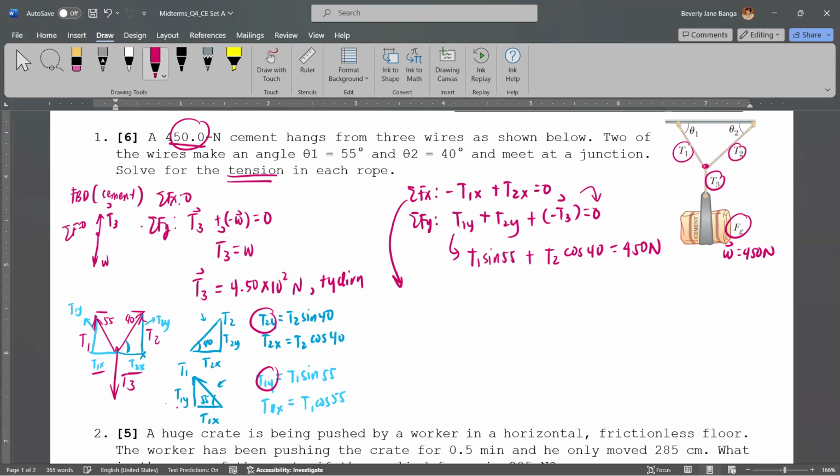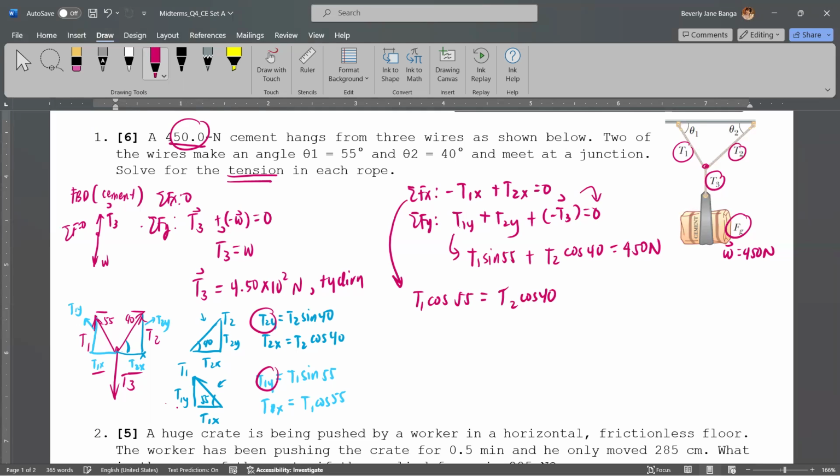So from Fx, we have T1x, which is simply T1 cos 55, is equal to T2x. When you move T1x to the other side, it's simply equal to T2x. So our T2x is simply T2 cos 40.